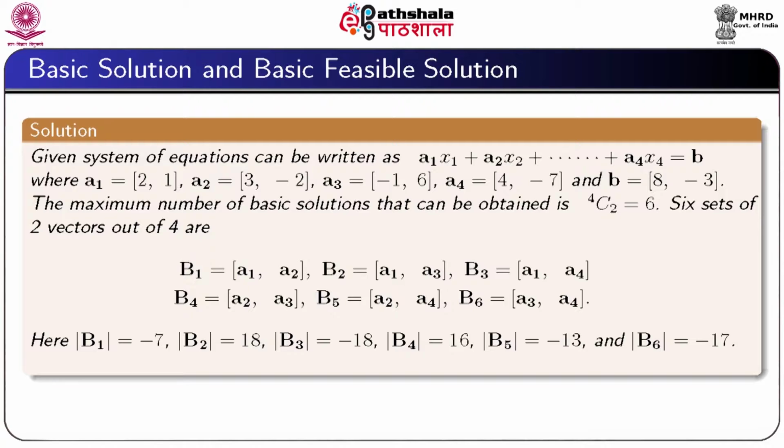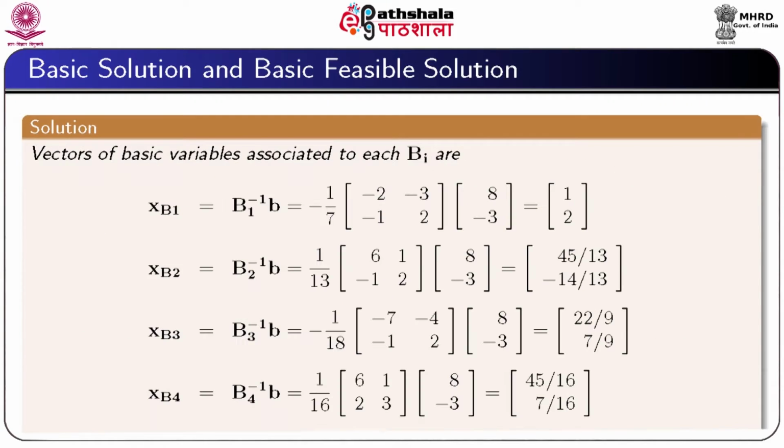We also find determinants of the Bi's and see that none of the determinants vanishes. This means that every set Bi of 2 vectors is linearly independent. Hence, the vectors of basic variables associated to each Bi are as given below.